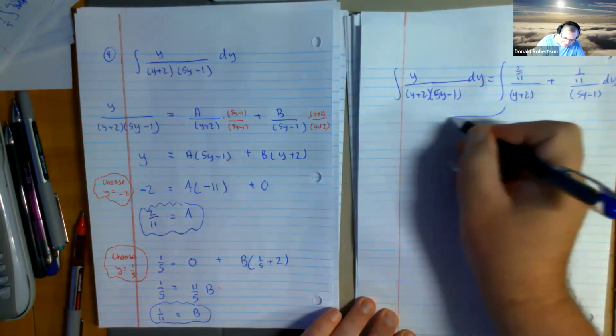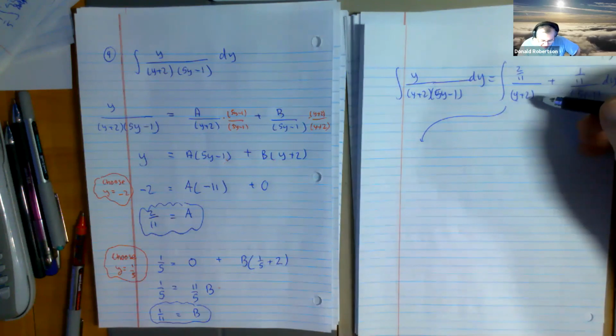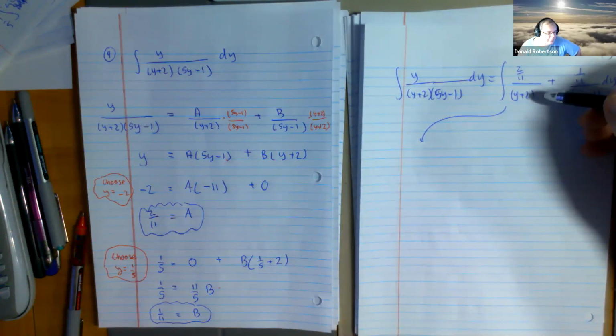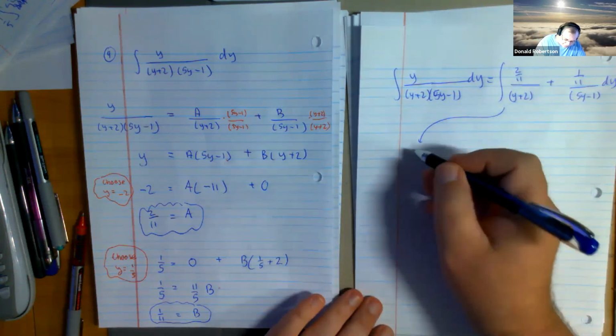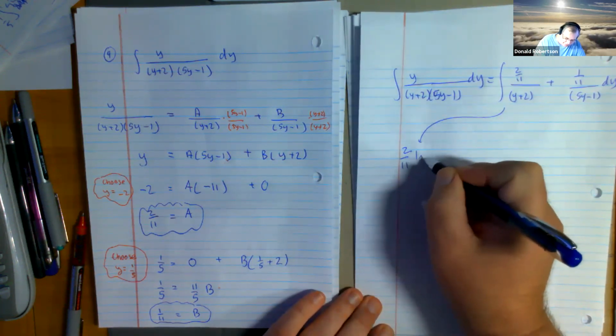Okay. If you integrate 1 over y plus 2, don't you just get the natural log of y plus 2? And then there's 2/11ths of them. So you're happy about that guy.